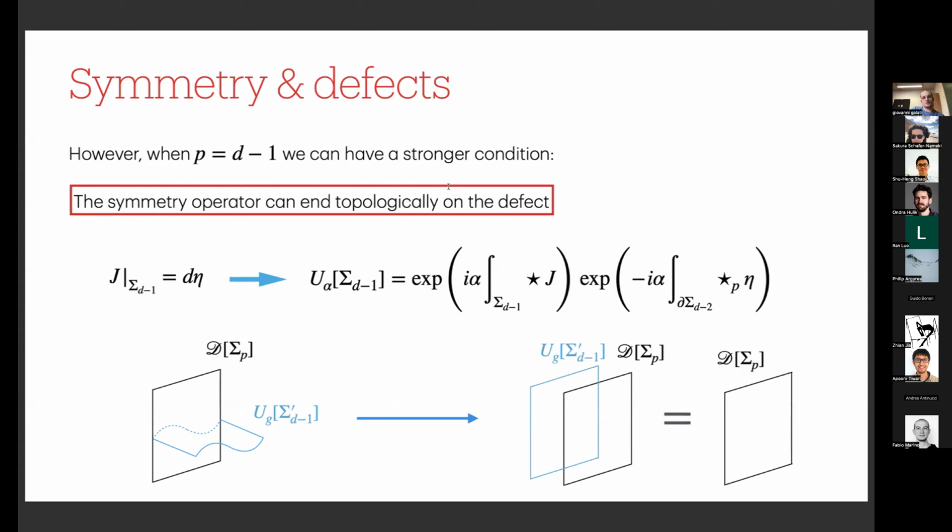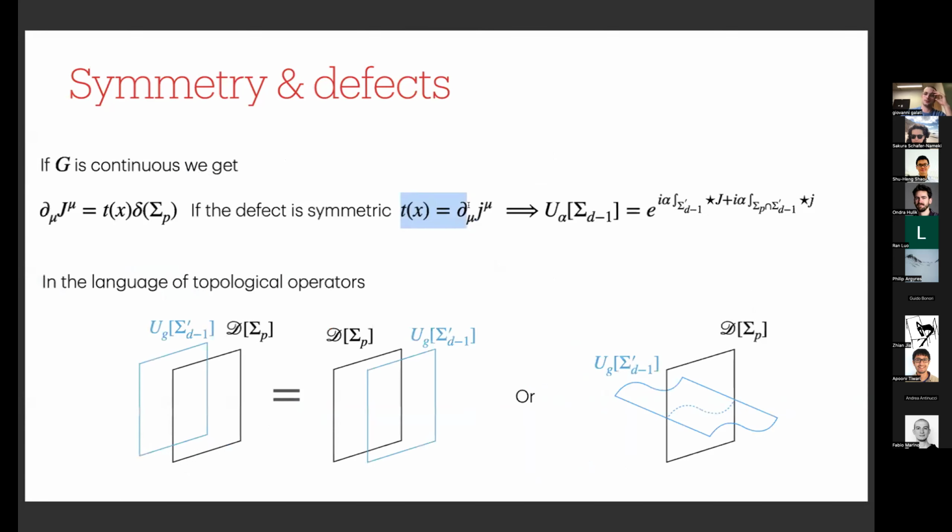The stronger condition is just the fact that the symmetry operator now can also end topologically on the defect, not just intersecting it topologically, but also ending on it topologically. And what does it mean in terms of the current? This happens when the current on the defect is a total derivative. You can check that this is a stronger condition with respect to this one.